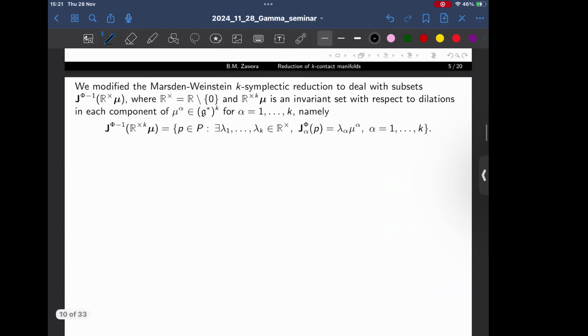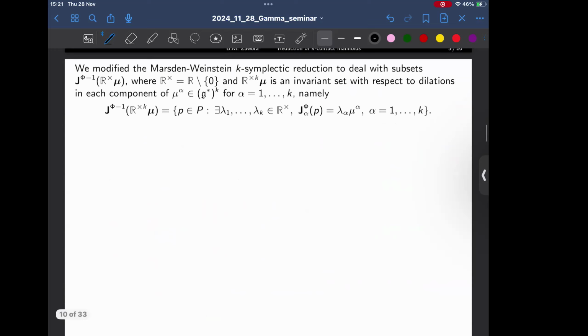Basically we want to modify the classical Marsden-Weinstein k-symplectic reduction to deal with submanifolds given by J^φ to the -1 of R^×K μ, where R^× is the reals without 0, and R^×K μ is an invariant set with respect to dilations in each component μ_α.